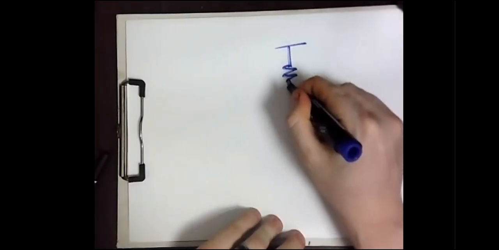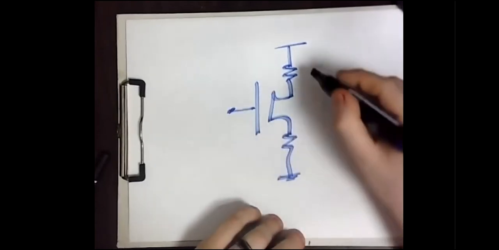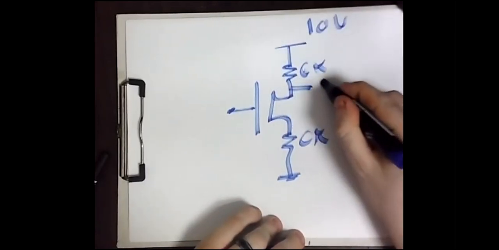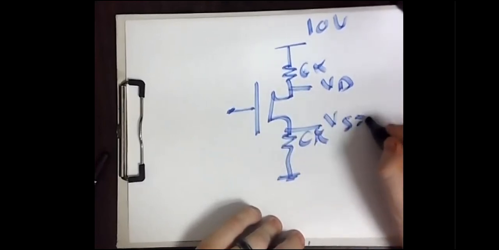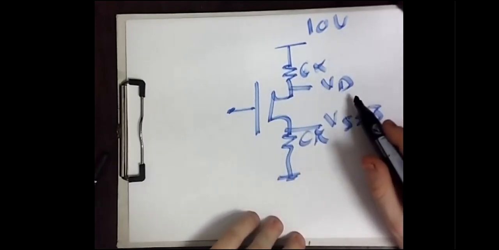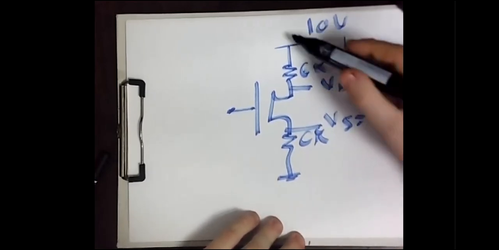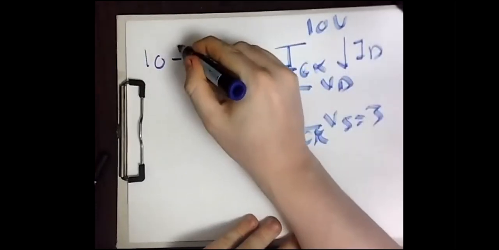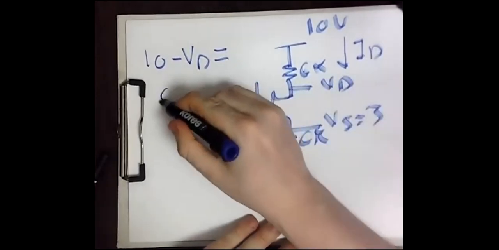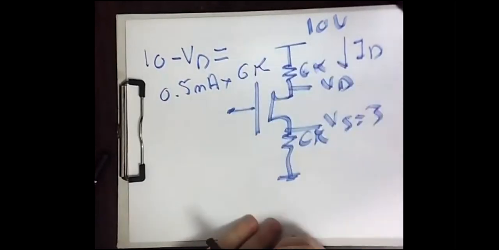Now, this is your circuit. This is 6K, this is 6K, this is 10 volts, this is VD, which is still unknown, and this is VS, which is equal to 3 volts. Now, you can calculate VD, because you know ID, which is 0.5 milliampere, and the voltage drop on this resistance, which is 10 minus VD, is equal to the current flowing, 0.5 milliampere, times the resistance, which is 6K.